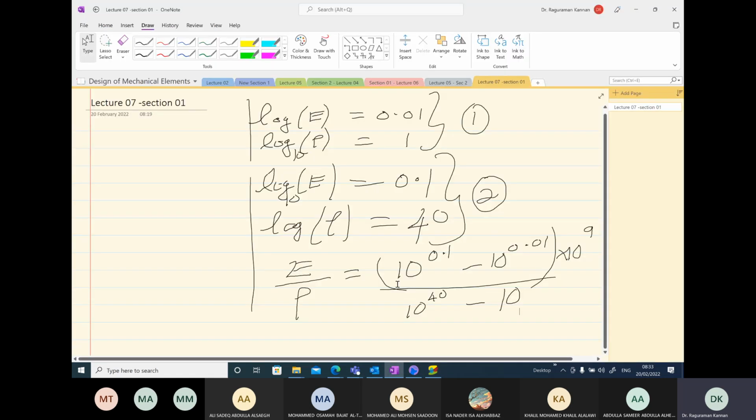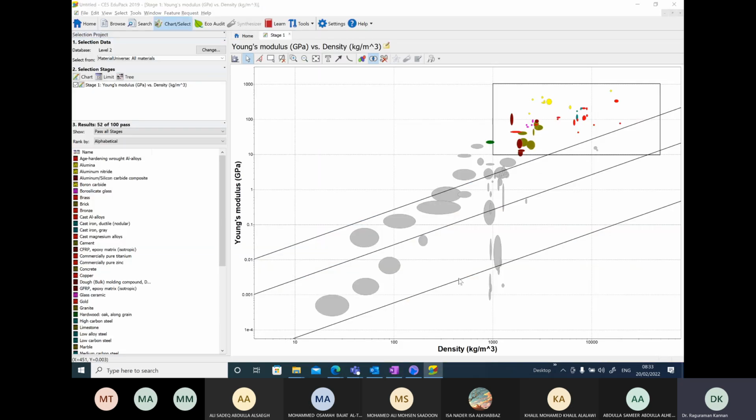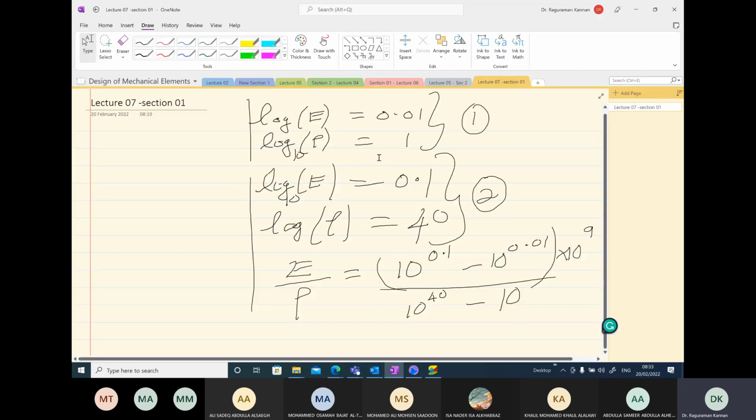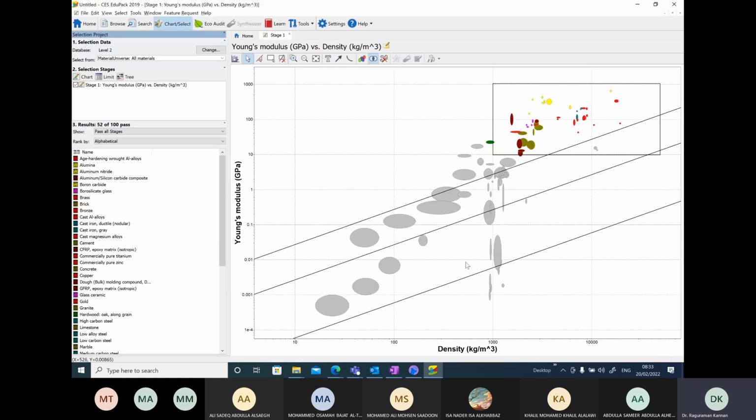Okay, so let me be sure, because these values may be doubtful. What I think here is possibly, although it is plotted on the logarithmic scale, I still think these are just absolute values of density and Young's modulus.